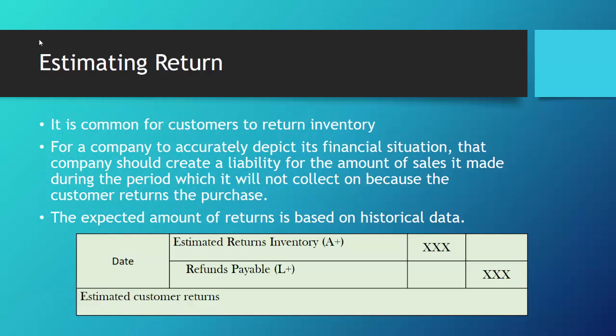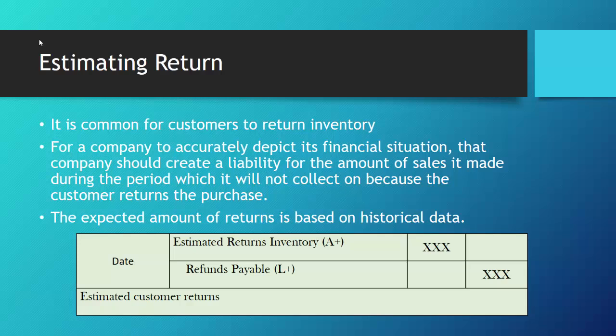You should also create a liability for the amount of refunds you expect to give to your customer. So the adjusting entry is a debit to estimated returns inventory and a credit to refunds payable.